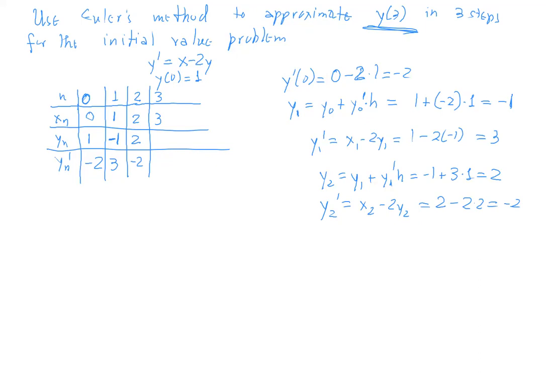So y3 is going to be y2 plus y2 prime times h, which is the same thing as 2 plus negative 2 times 1, which is 0.